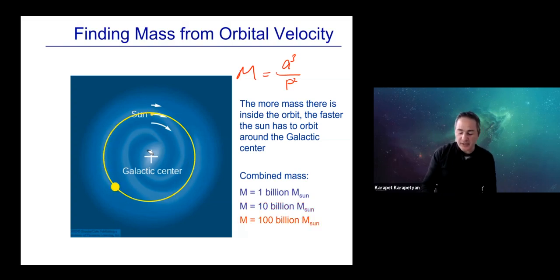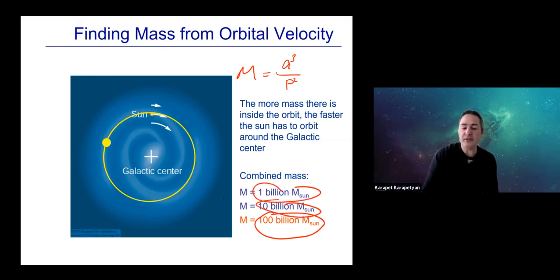That means we can fairly accurately measure what we should expect. How fast it's going and the orbital period can tell us whether this should be 100 billion times solar mass, or 10 billion, or 1 billion, because depending on how much total mass we have within that orbit, you can see the speed more or less changes.